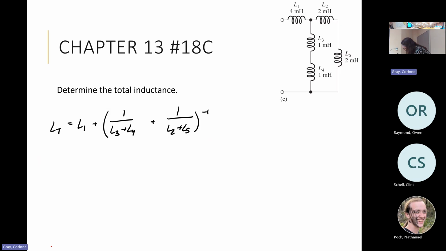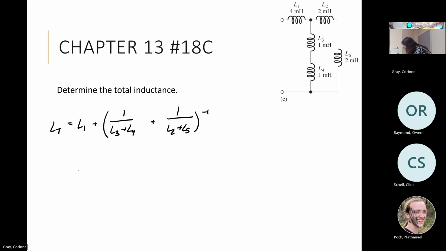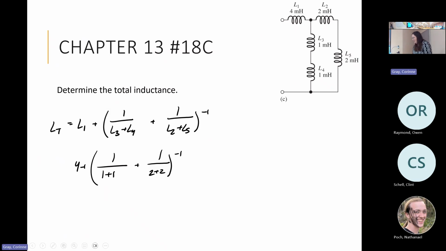So I'll have 4 plus 1 over 1 plus 1, plus 1 over 2 plus 2, inverse, which assuming I plugged that in correctly, I got 5.333 repeating millihenry, or 5.3 millihenry.